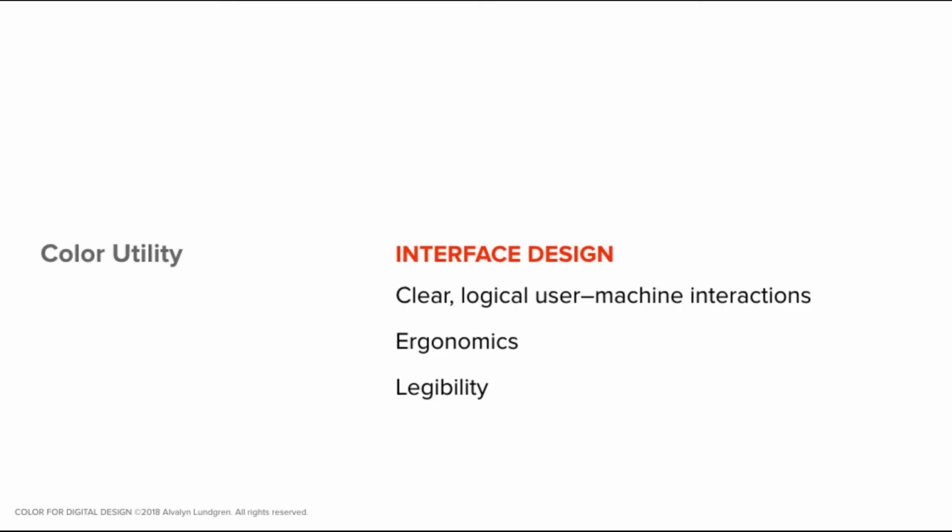Graphic designers are communication designers, so all of these things, the clear and logical user interface, the ability of the user to interact with the design properly, it's ergonomics, the legibility, getting things clearly seen and understood so that there's no confusion. These are all really important things that we have to be aware of and that become our responsibility as designers.